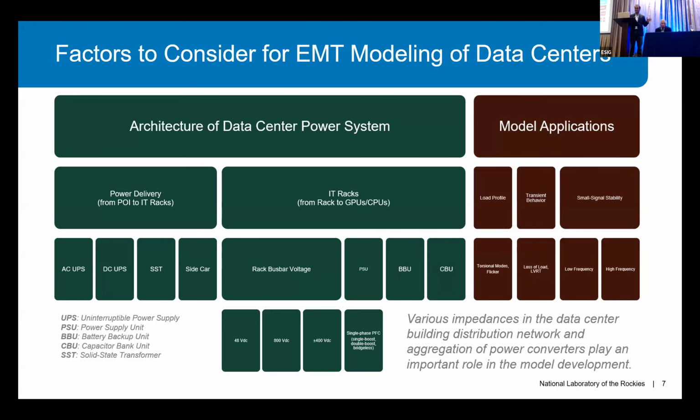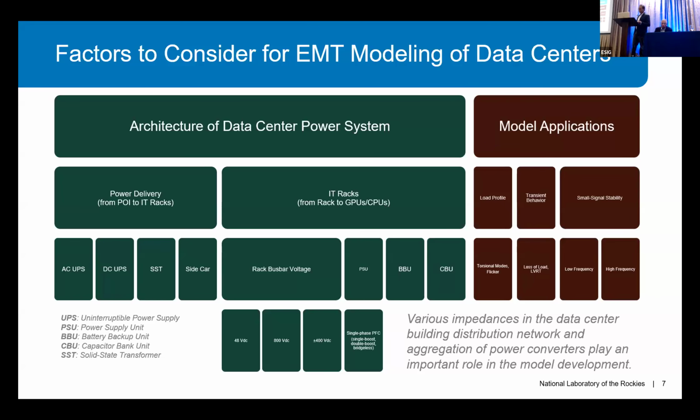What is the rack bus bar voltage, whether it is a 48 volt rack or the modern plus minus 400 volt rack, 800 volt rack. Whether the IT rack uses, in addition to the power supply unit, a battery backup unit, which is another shelf within an IT rack, or a capacitor bank unit for smoothing of the load. All these architectures impact how you are going to develop an EMT model.